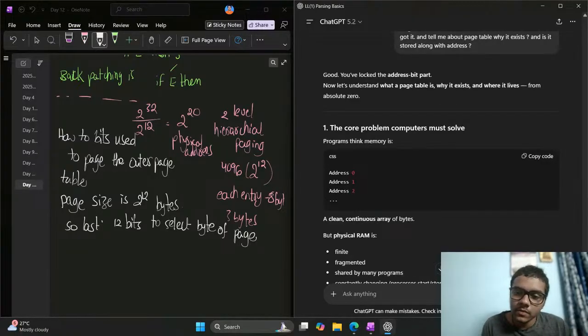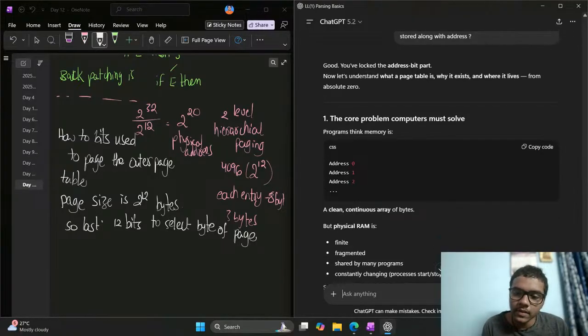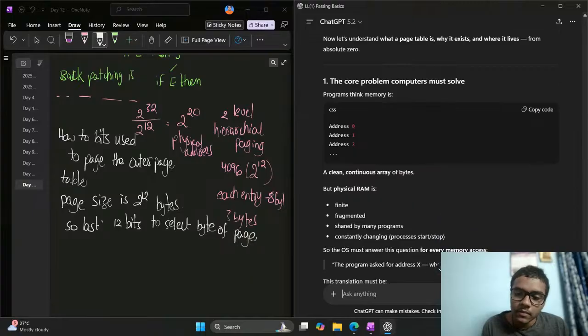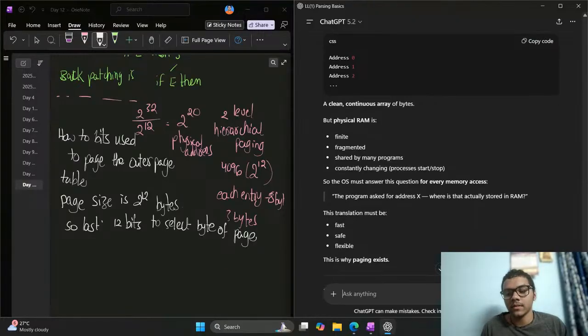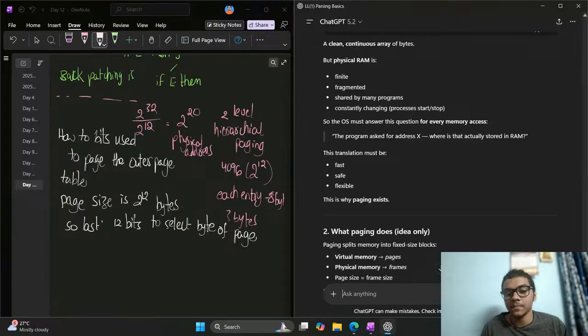So programs think memory is okay. Physical RAM is finite, fragmented, shared by many programs, constantly changing. So the OS must answer the question: a program asks for address X, where is that actually stored in RAM?